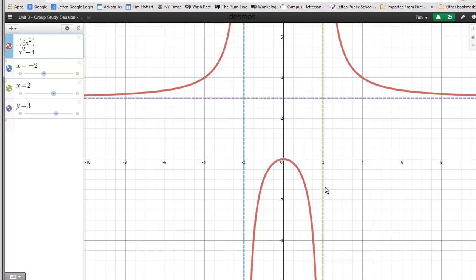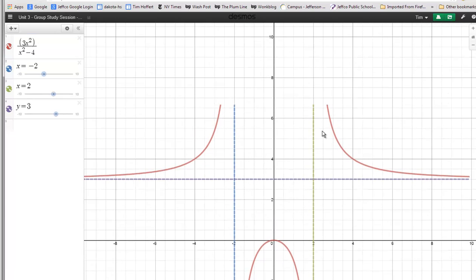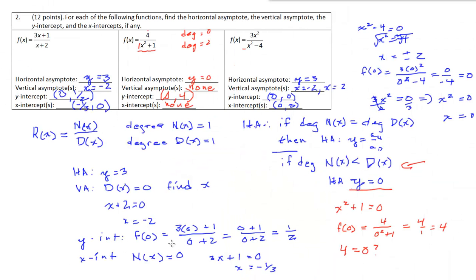You see some vertical asymptotes here, positive 2 and negative 2, and a horizontal asymptote at y equals 3. Kind of an interesting looking graph, but we've analyzed it properly. Okay, hope that helped.